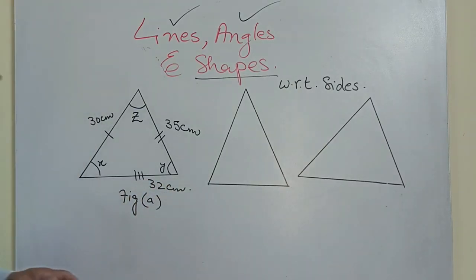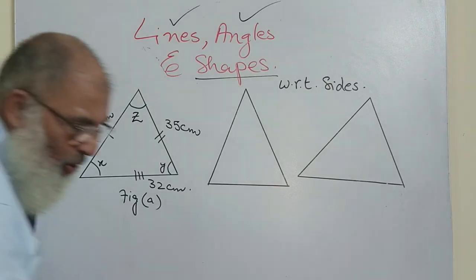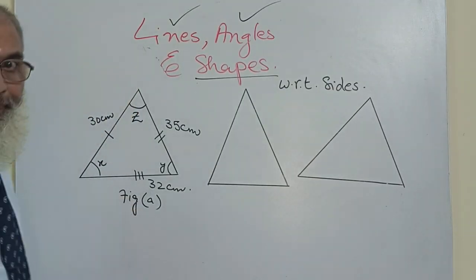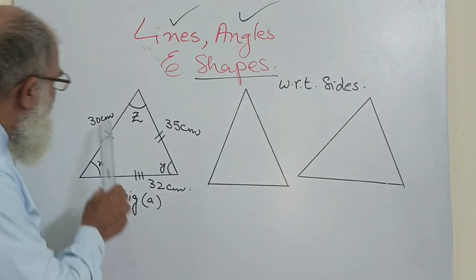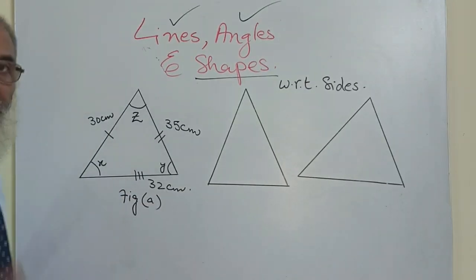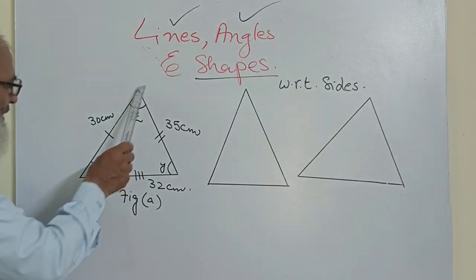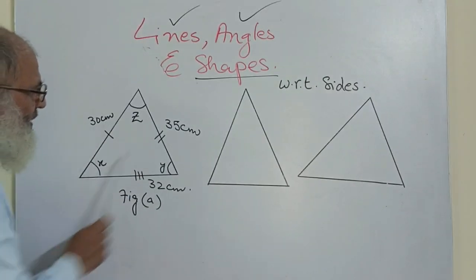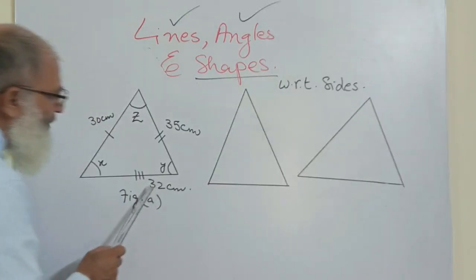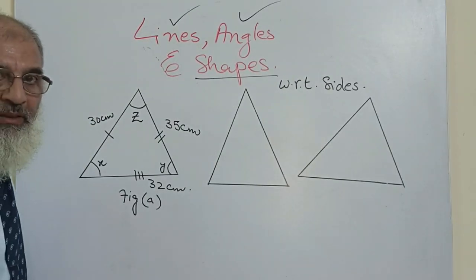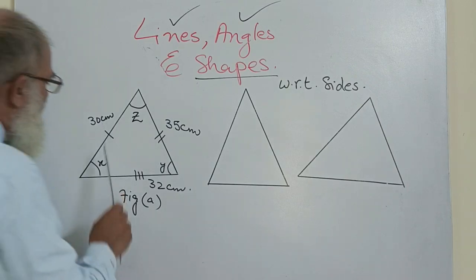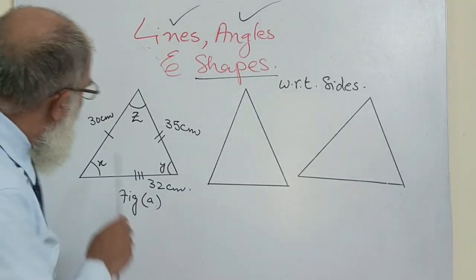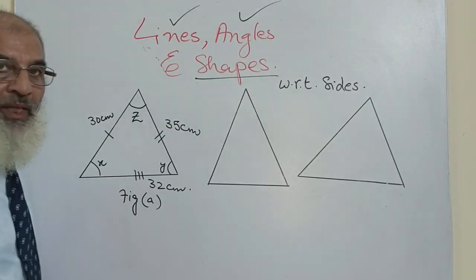Now you see, my dear students, that all the sides of this triangle are different, that means in their length. Now this is, let us say, 30 centimeters, this is 35 centimeters, and this is 32 centimeters. Then their angles are also different.